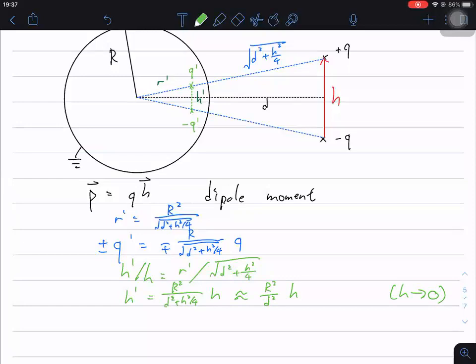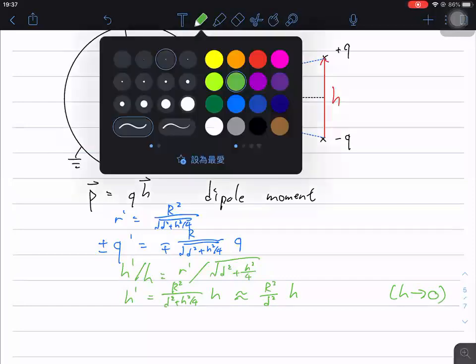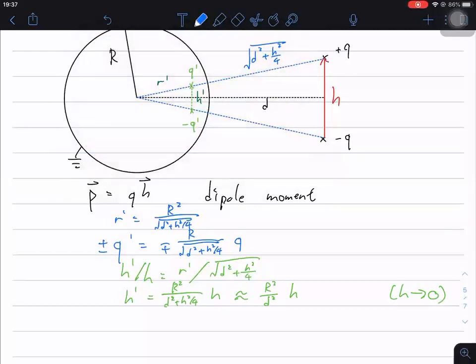Because in the limit of an ideal dipole, we should consider a very, very small h. Similarly, the image charge Q prime is roughly equal to R over d times Q when h is close to 0.